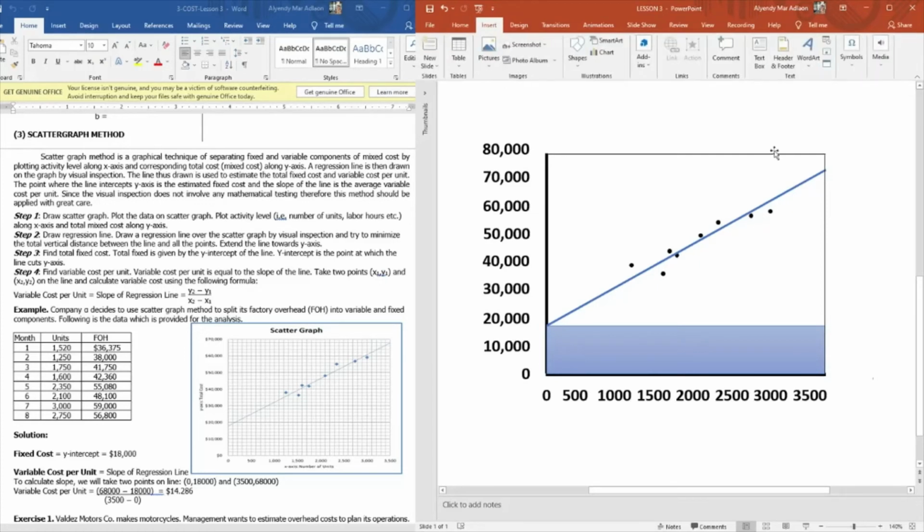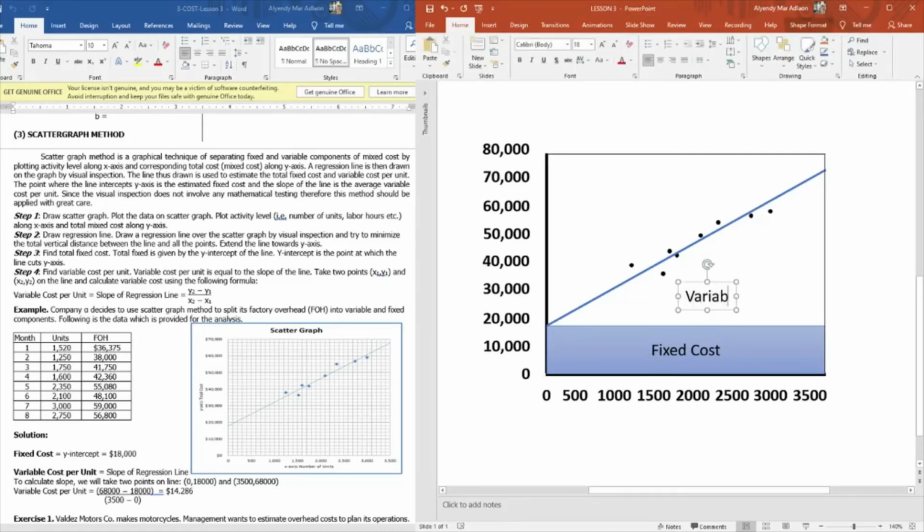So this is what we call the area of the fixed cost. And here would be the variable cost. As you can see, the fixed cost is fixed, so it is just a straight line, but the variable cost depends upon the number of units that is produced. So as the number of units is increased, the variable cost also increases.